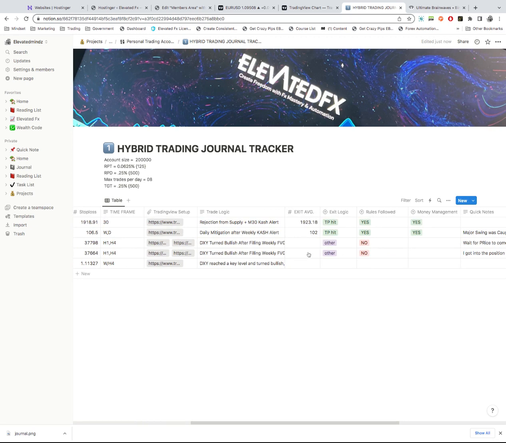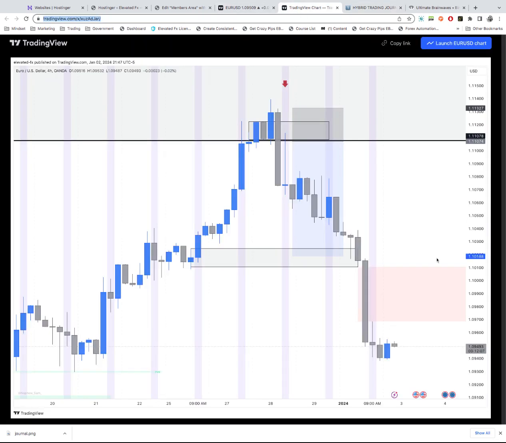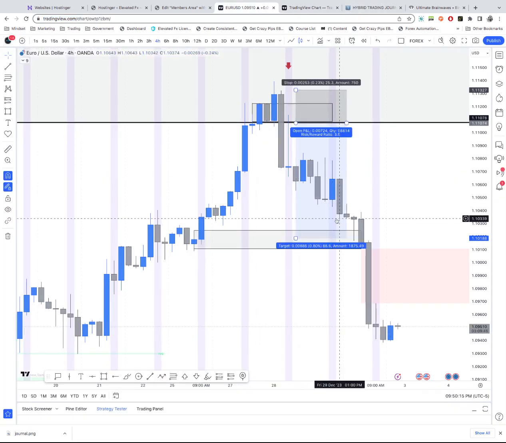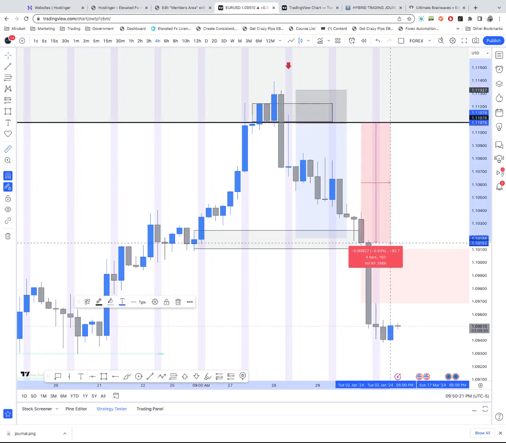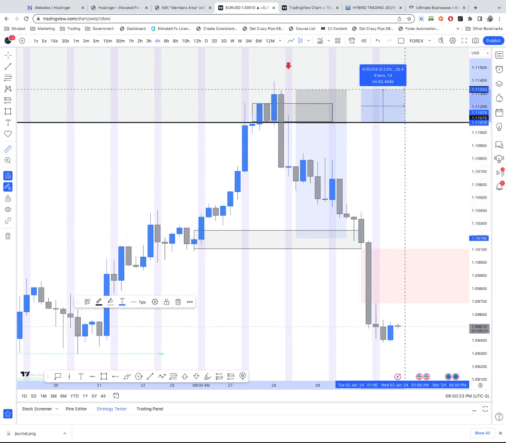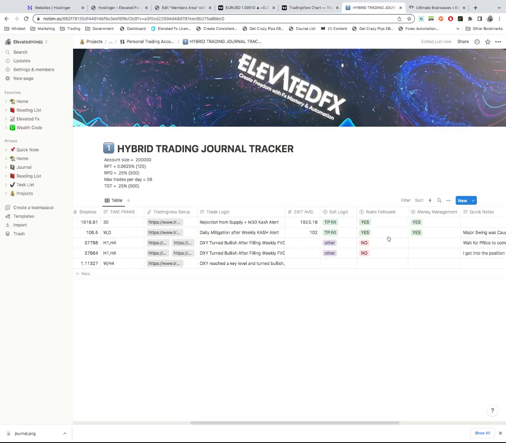So there's no, well, exit average. We're going to say 110, 100, and I could even do pips. So how many pips was this? It's about 80, 90 pips. So I can come here and say 90 pips.